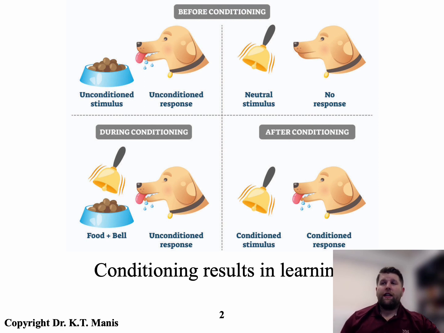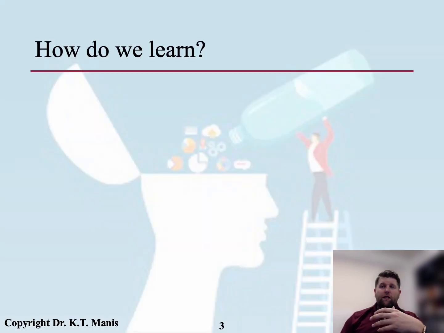The idea was that by connecting a neutral stimulus, a bell, with the food, the dog starts to salivate just by the ringing of the bell. We're going to talk about this in more detail in the next few slides.